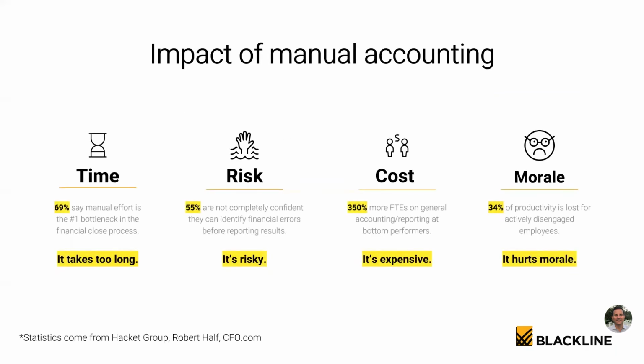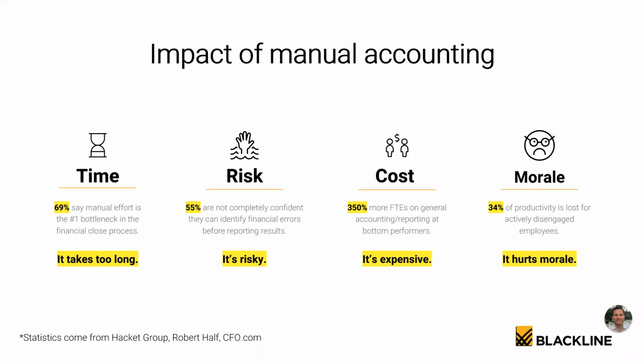And why isn't it sustainable? Well, it really boils down to four things: time, risk, cost, and morale. The time your team dedicates to manual tasks becomes a bottleneck. It causes month-end close to take longer and longer to complete. And it's risky to complete tasks manually in Excel because it's hard to prevent mistakes. It can lead to inaccurate financial reports or forgetting to do key tasks.